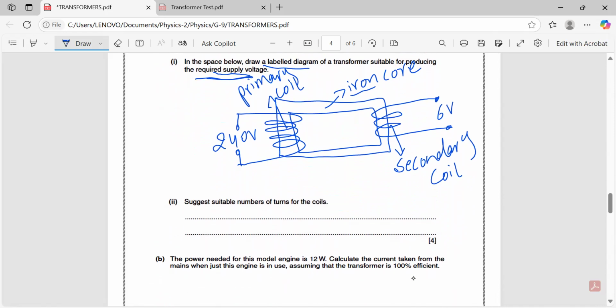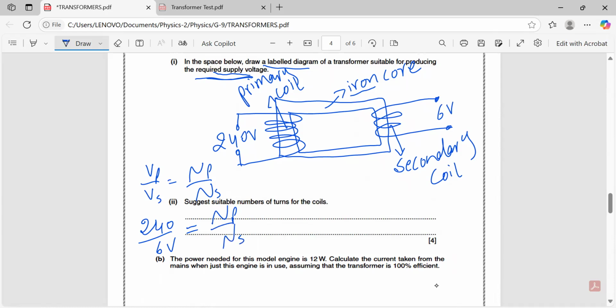Suggest suitable number of turns for the coils. This is a very important question again. Here you have to use the equation Vp over Vs equals Np over Ns, right? Vp is 240 and Vs is 6 volts, and this will be Np over Ns.